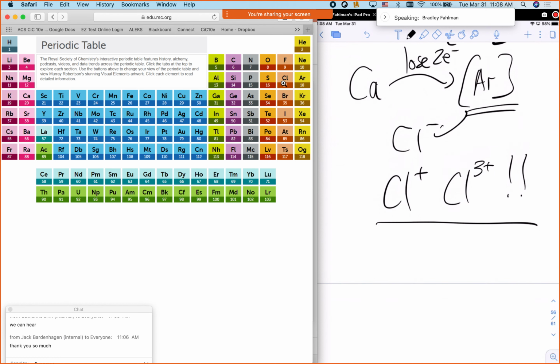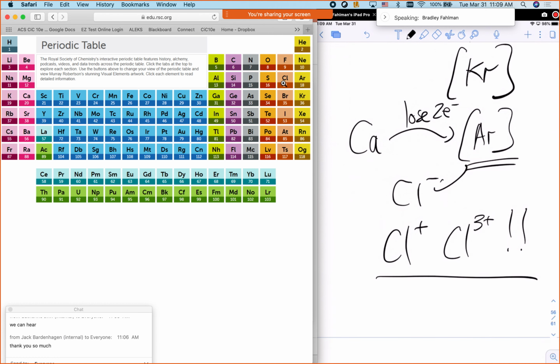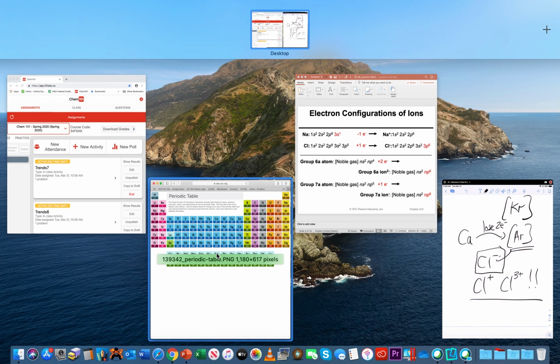But those are just exceptions, really. Most of the time, like 99.5% of the time, these elements in the main group will have these predicted charges based on the noble gas configuration. Okay. All right. So now let's talk about the ones in the middle.